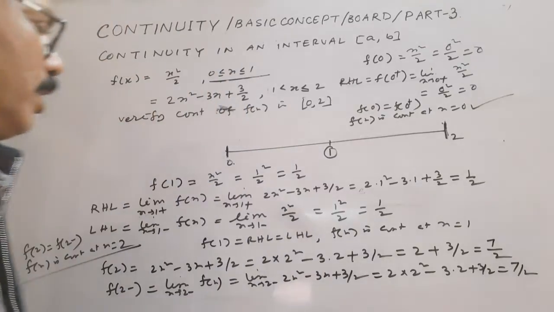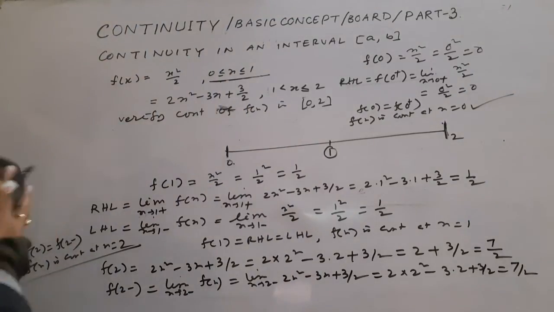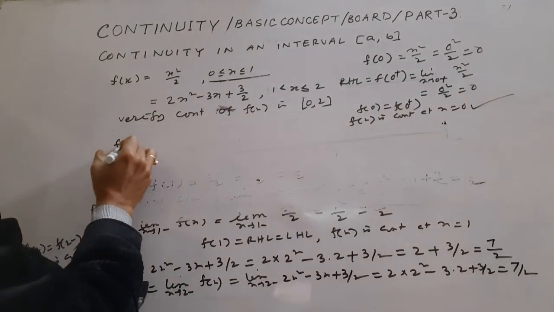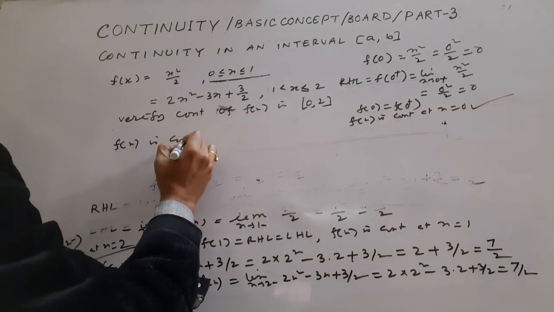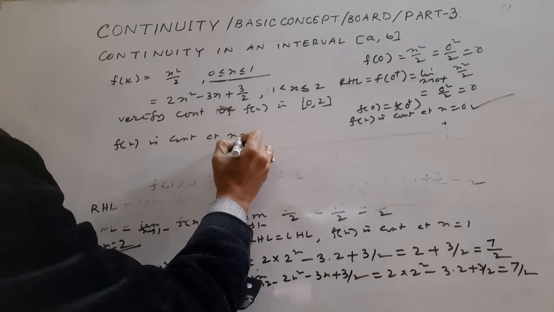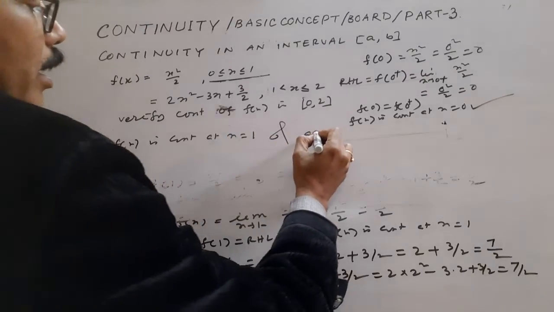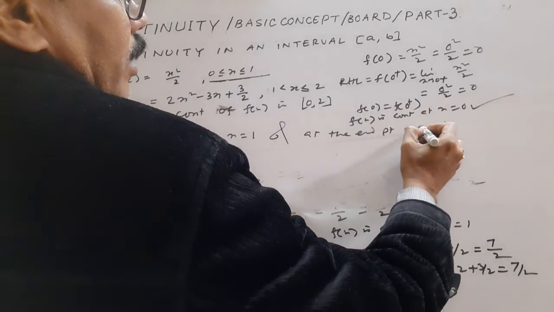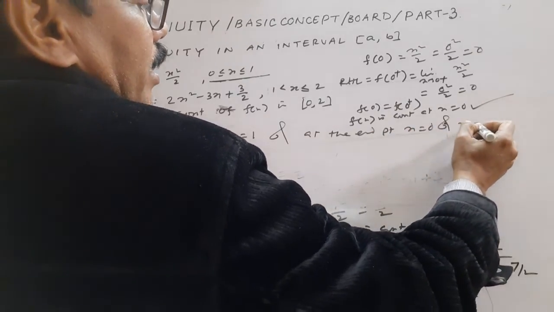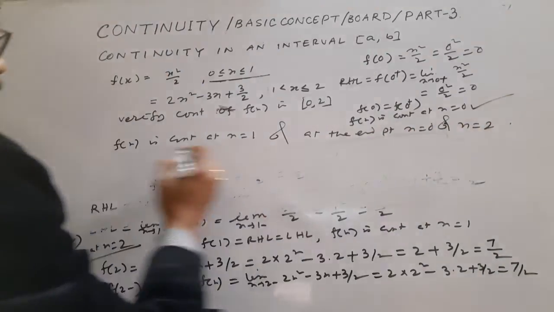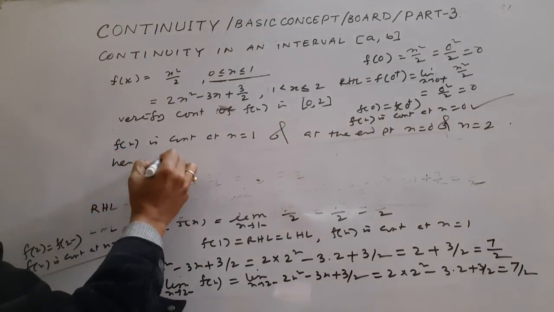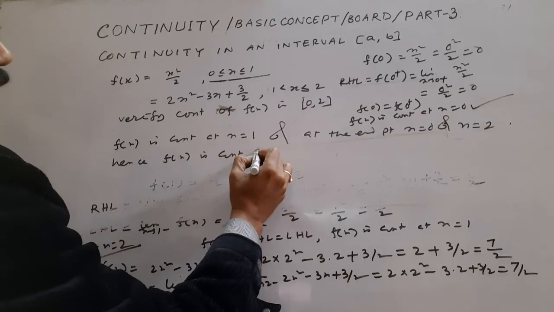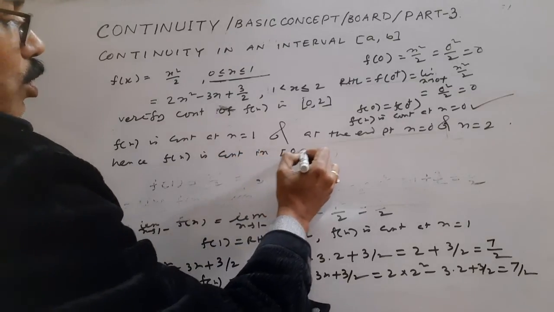So what is your final conclusion? Final conclusion, you look. f(x) is continuous at x equals to 1 and at the end points x equals to 0 and x equals to 2. Hence, f(x) is continuous in [0, 2].